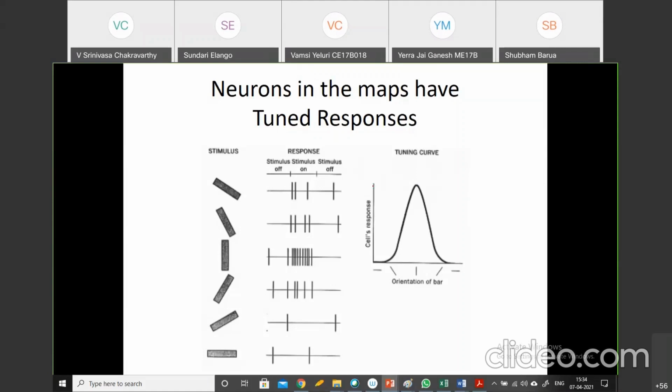In this schematic, when you present a bar which is perfectly vertical, the neuron responds with a high firing rate. But as you change the orientation, its firing rate response goes down. So we ignore the actual timing of the spikes and just look at the average firing rate, call it the cell's response, and plot it as a function of the orientation. You will see something like this.